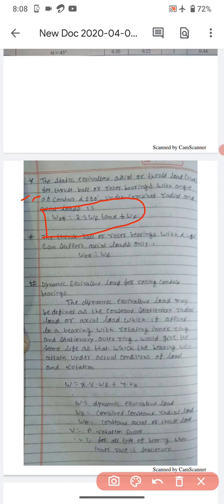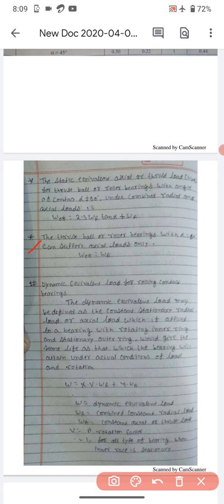So this is the axial or thrust static equivalent load, and we had seen in the previous page that W0R is equal to X0 WA plus Y0 WR.